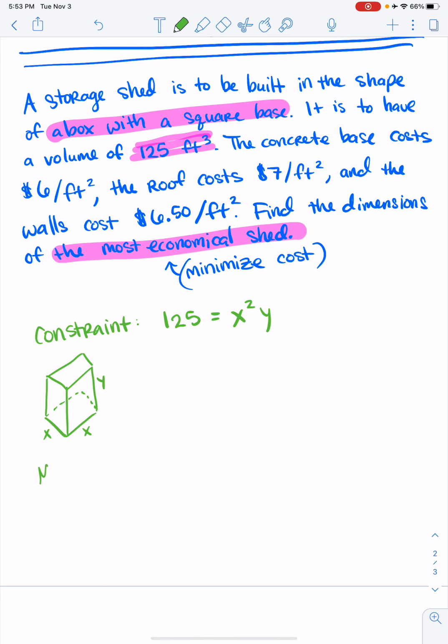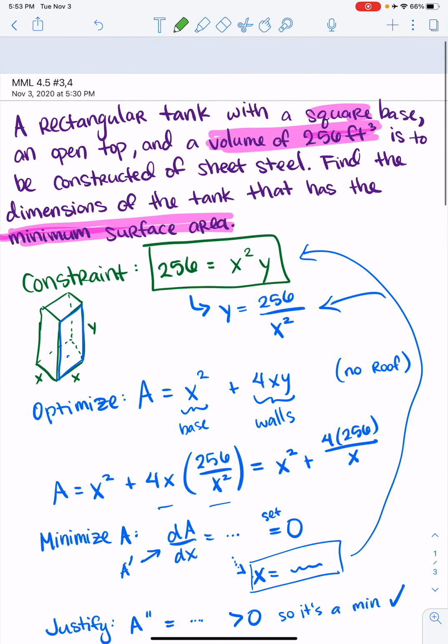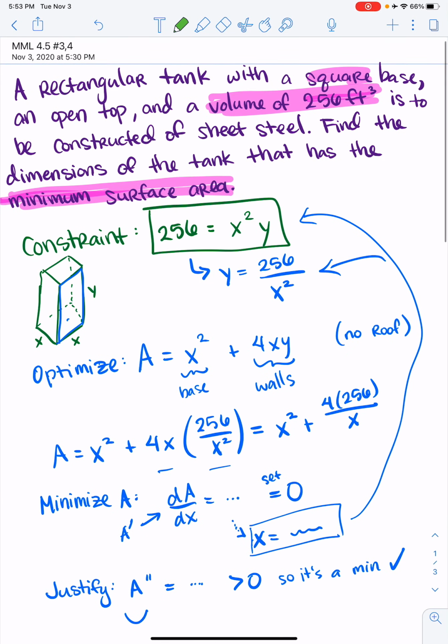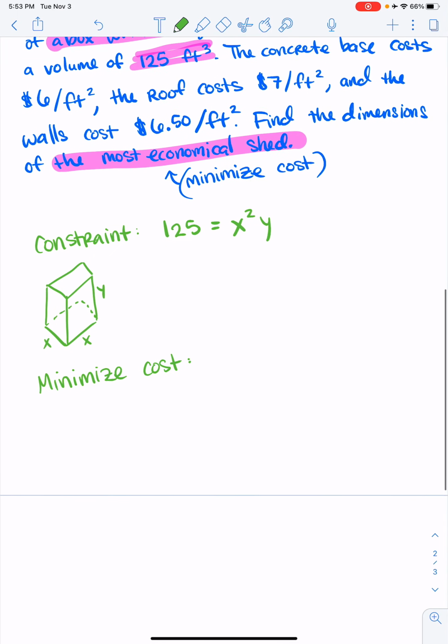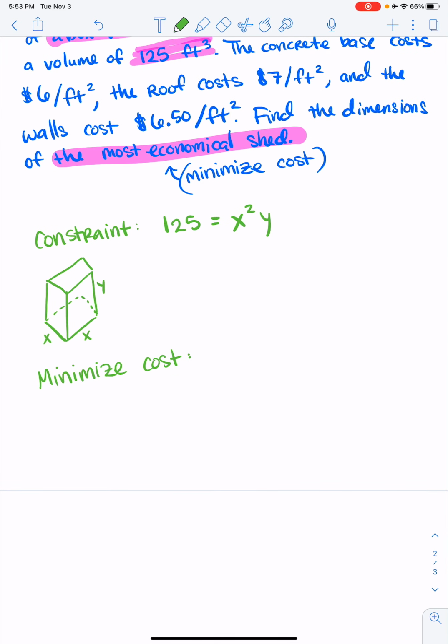And now we want to minimize cost. And so again, we're looking at surface area, but this time it's a cost. This is actually really similar to number 3, only now instead of minimum surface area, we're doing minimum cost, which is similar, except now the surface area is weighted by the cost, right?